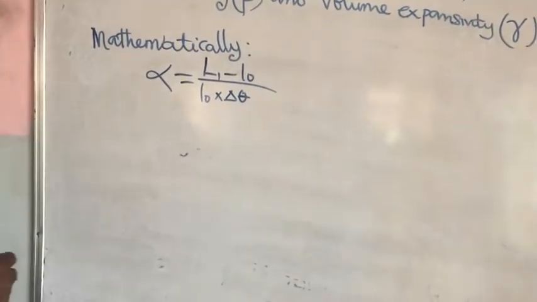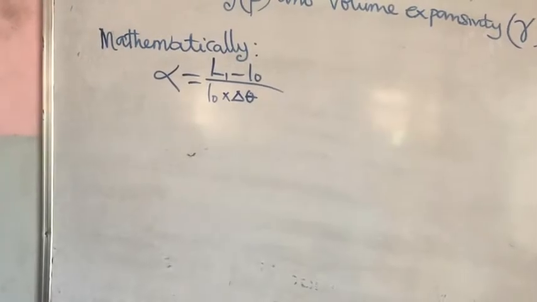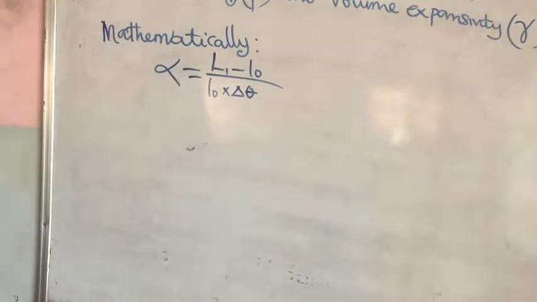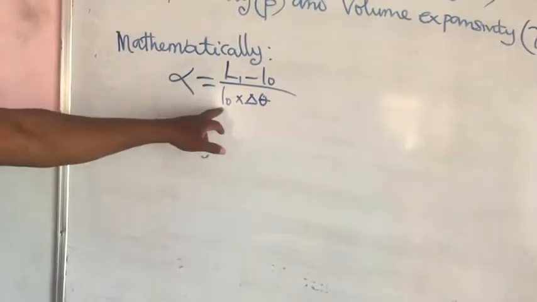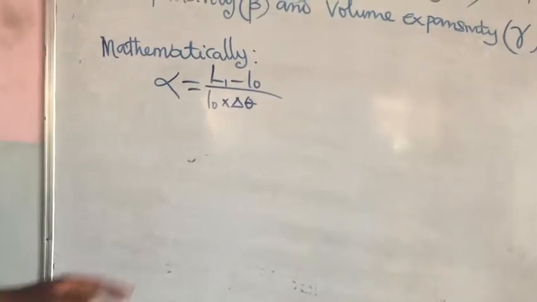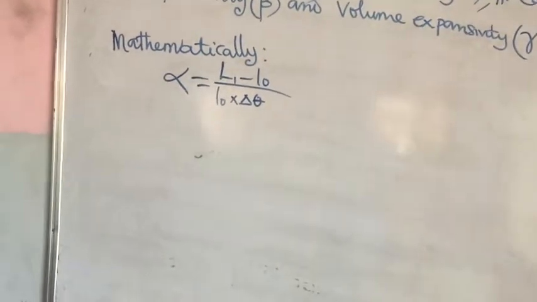Of course, we know that L1 is the new length, L0 is the original length before the object was heated. Then we have delta theta, which is change in temperature.